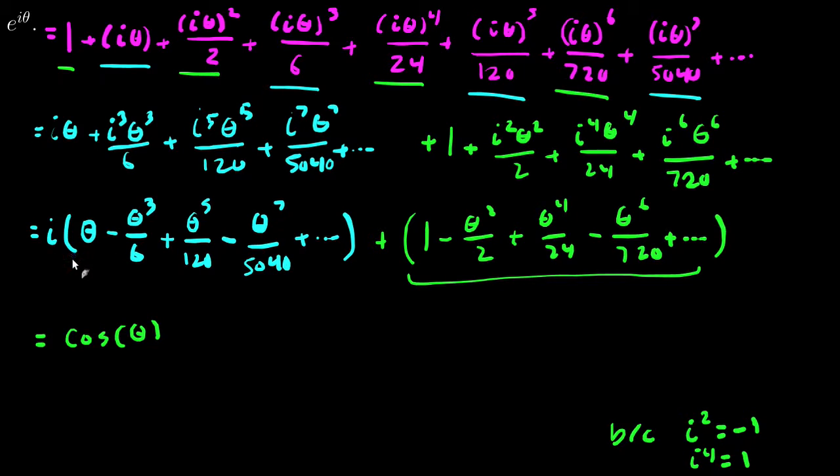And this part here is sine theta, but I factored out one i to get all those odd powers of i. And so that is why e to the i theta is cosine theta plus i sine theta. Feel free to comment below if you have any questions.